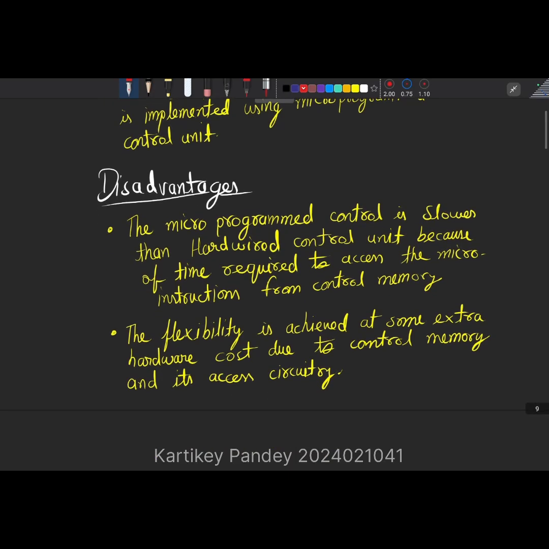Now the flexibility that it offers is achieved at some extra hardware cost due to the control memory and its access circuits. So to achieve this flexibility, we will need to implement the control memory and the circuitry to access the control memory, which comes at extra cost. So it is expensive.